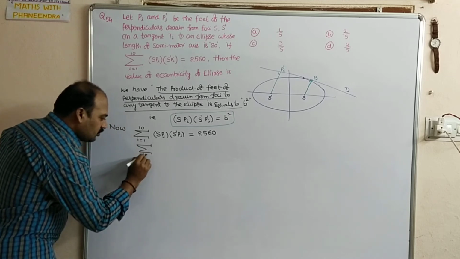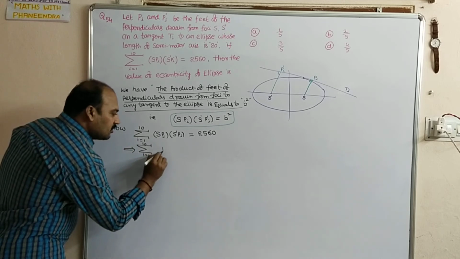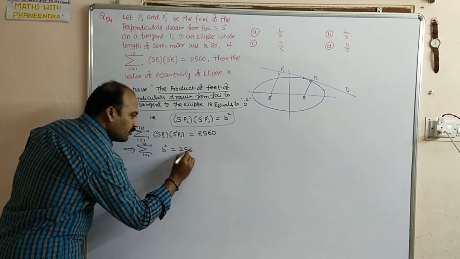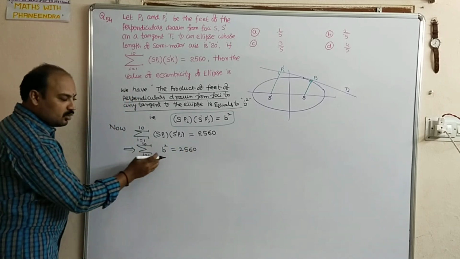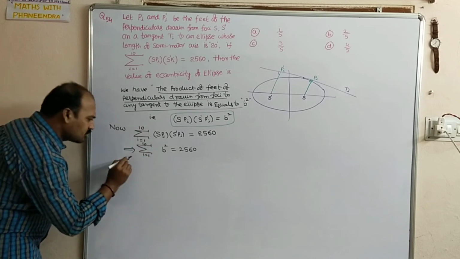So now it becomes sigma i equal to 1 to 10 of b squared equal to 2560. i equal to 1 gives b squared, i equal to 2 also b squared, and so on, i equal to 10 also b squared.